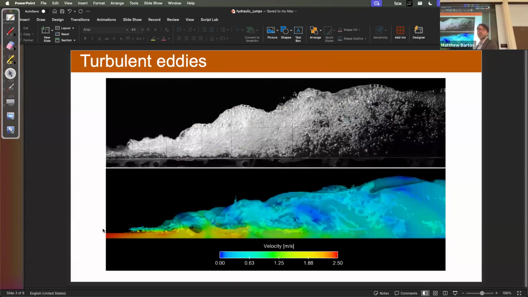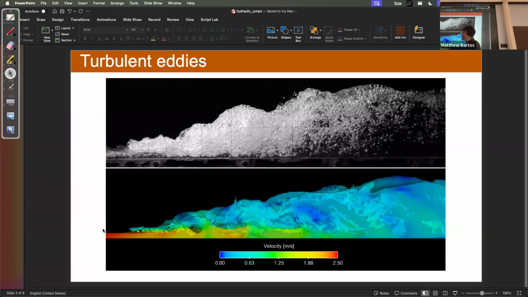So one important feature of hydraulic jumps that we're going to talk about today is that you will typically see these turbulent eddies that form inside the jump. Now the severity of these eddies depends on the Froude number of the flow coming into the hydraulic jump.